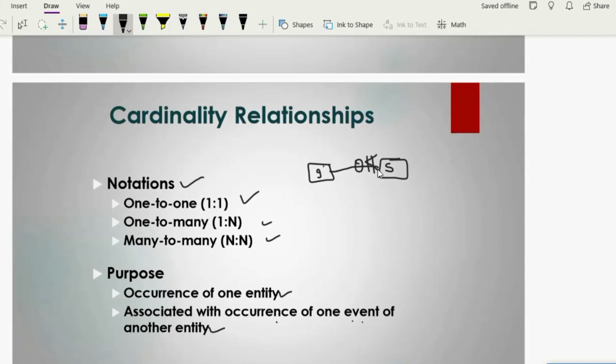Like this we have to define the relationship. But for each sale there should be an inventory item which is sold, so we say at least one or many inventory items should be there. This is how we define the relationship, but we are going to discuss it in more detail in coming topics.